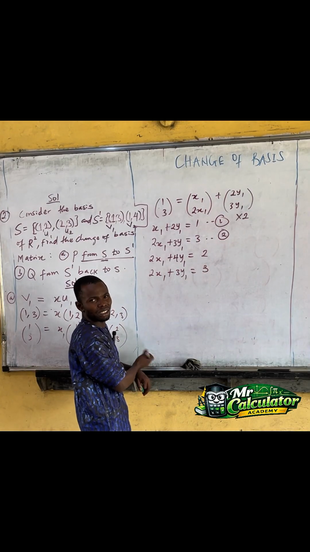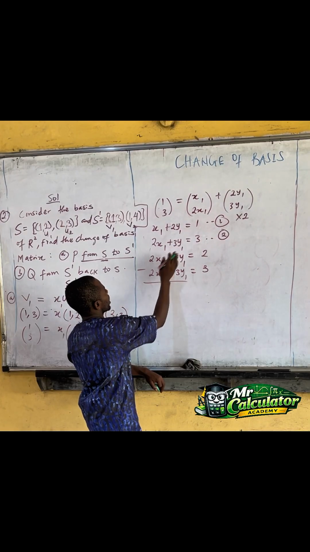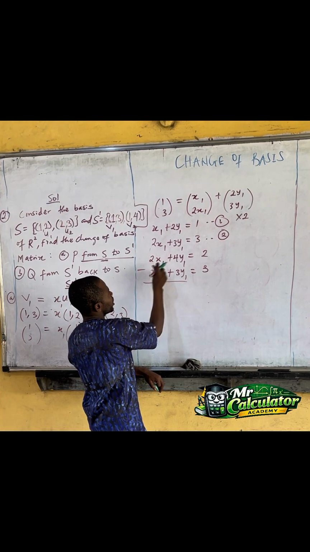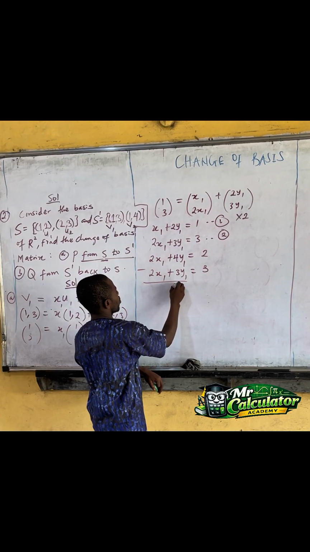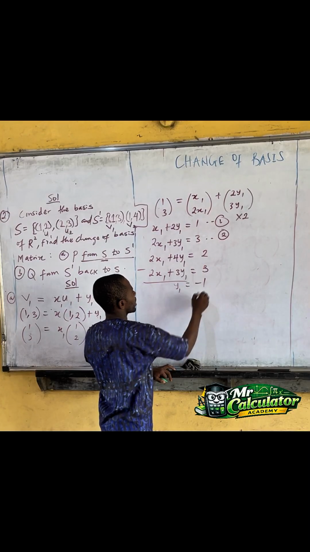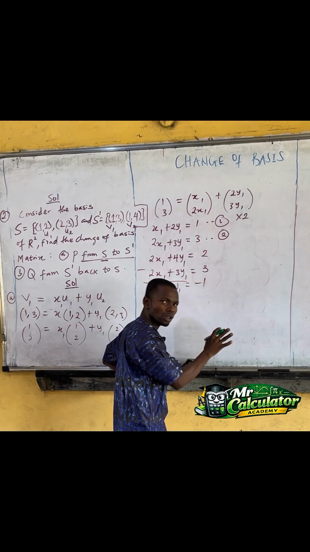Now, I can easily eliminate X here. Minus 2X1 cancel 2X1. 4Y1. Don't forget the minus will affect everything. 4Y1 minus 3Y1. Y1 equal to 2 minus 3, minus 1, which means Y1 equals to what? Minus 1. I've gotten Y1.